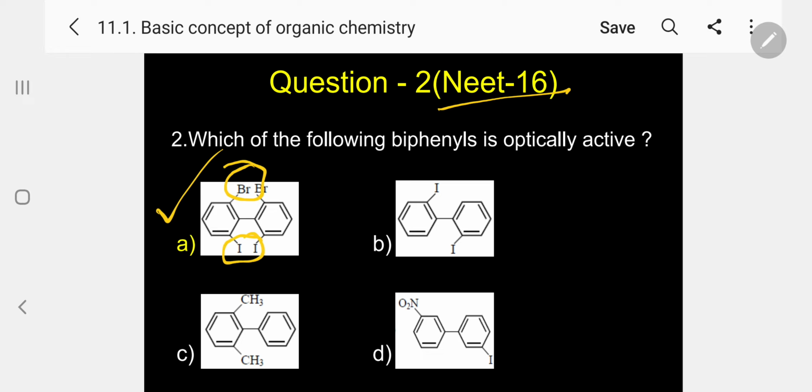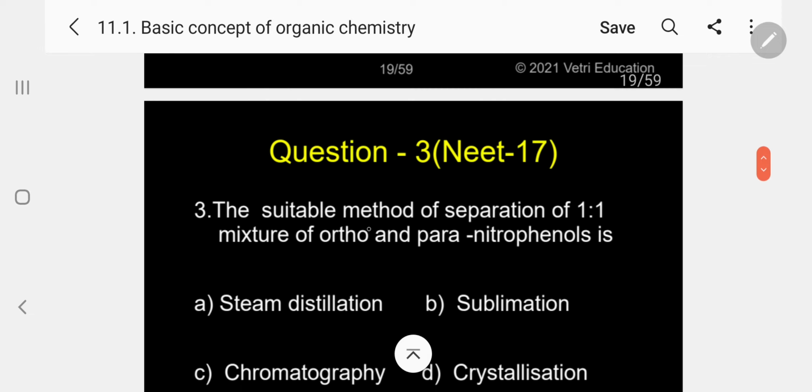So one ring will be perpendicular to the other ring. So this will be optically active. Whereas here there is only a single small atom, so they will form a planar molecule. So these are not optically active. Please follow. So this is the answer for this question.